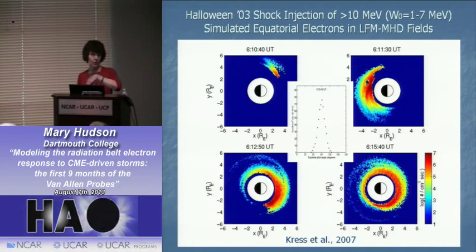So they have bounce motion as well as drift motion. And so you can imagine that there's a blue plot over here off to the left before the shock arrives, and there were no greater than 10 MeV electrons crossing the equator. The shock arrives, and now you have some that are accelerated and drifting around, and more are accelerated and drifting around, and more. And pretty soon you have a pretty substantial population of greater than 10 MeV electrons as a result of this CME shock interaction.